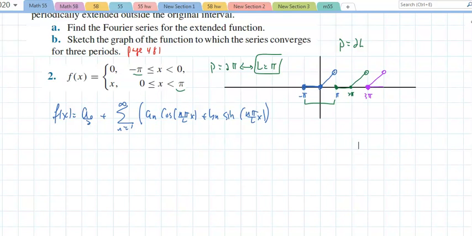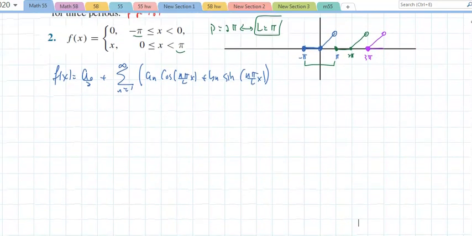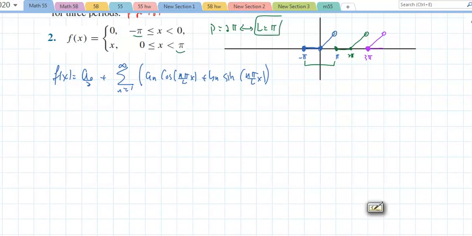So if I start by finding a sub 0, and we know how that works, let's get a sub 0 out of the way. A sub 0 is going to be 1 over L, 1 over pi, the integral from negative pi to pi, but we know from negative pi, you know what, let me write it out.